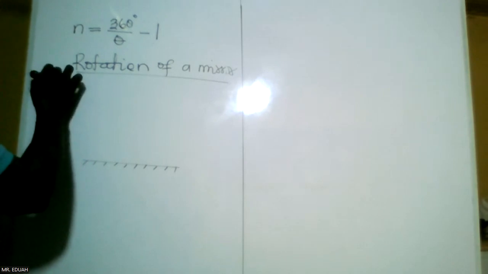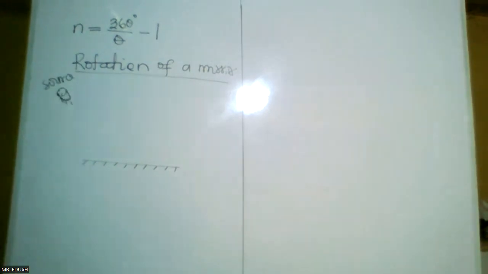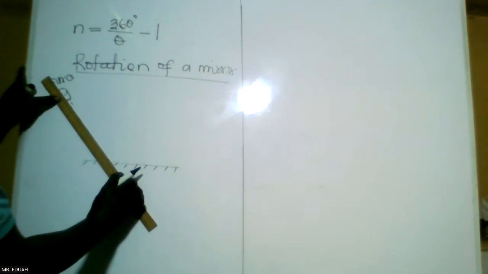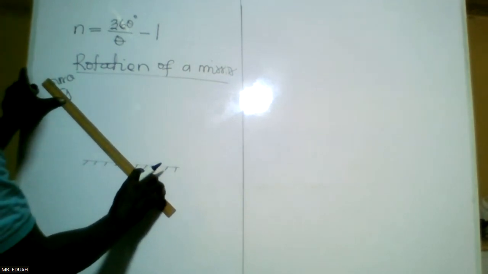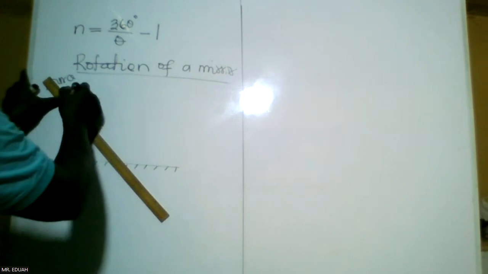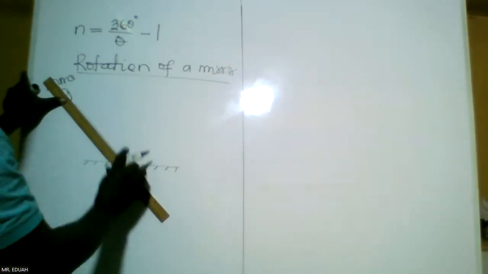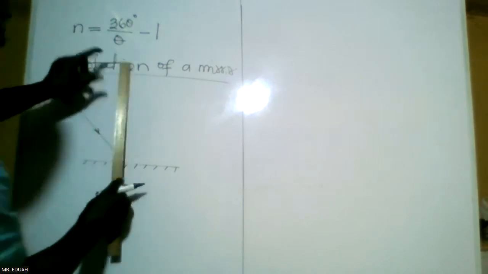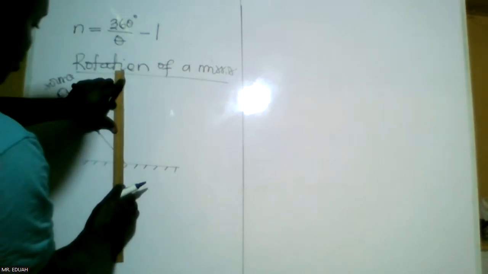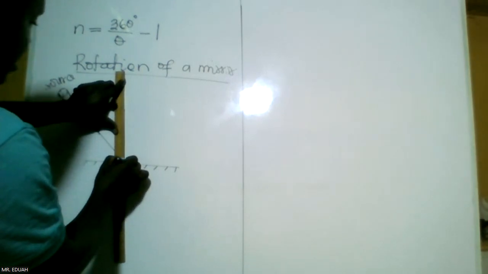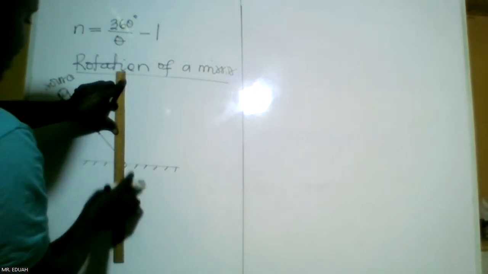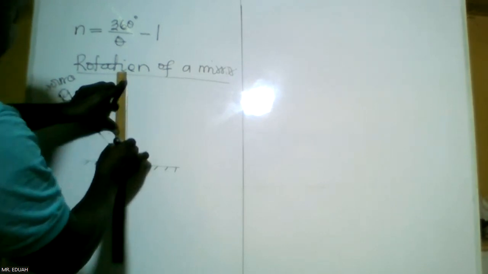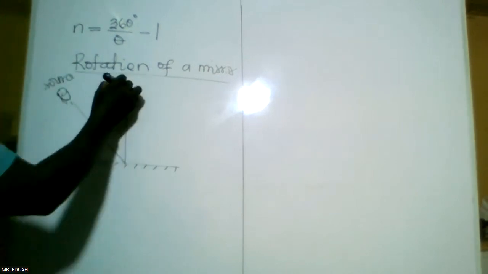If the mirror is like this, and then the source is switched on, we have a ray of light incident on the mirror. Let's draw a normal. Once there is an incidence, we'll talk about angle of incidence and angle of reflection. So this is N1.